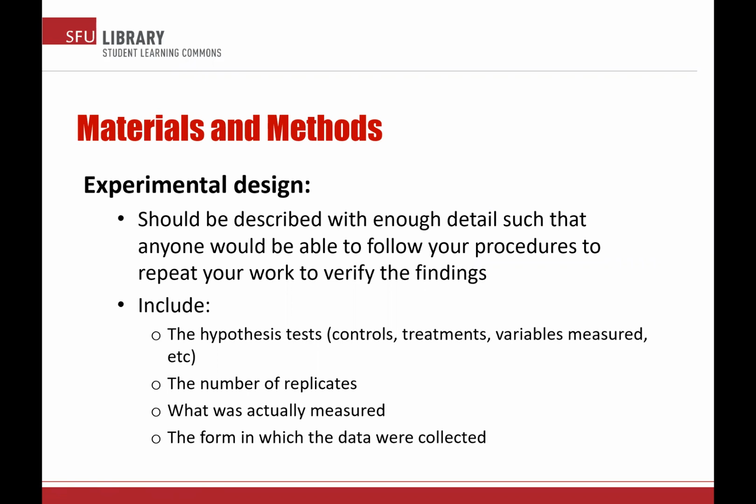Your experimental design should be described with enough detail that anyone would be able to follow your procedures to repeat your work in order to verify your findings. So you will need to include a straightforward explanation of the hypothesis tests, so what controls, treatments, and variables were measured, the number of replicates, what was actually measured, and the form in which the data were collected.